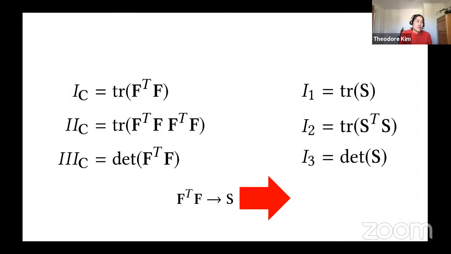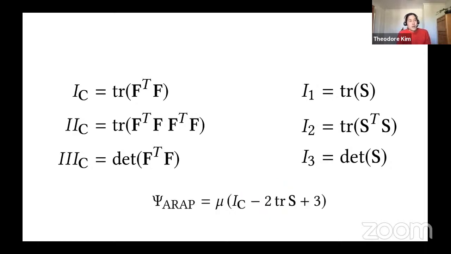Anytime we see F^T F, we're just going to replace it with S. It's fine. Again, we give a better reason for this in the paper. If we have these three invariants instead, then suddenly the ARAP energy can be written in terms of invariants. We can show that this new set of fundamental invariants actually expresses exactly the same things as the old ones, but it adds quite a bit more.